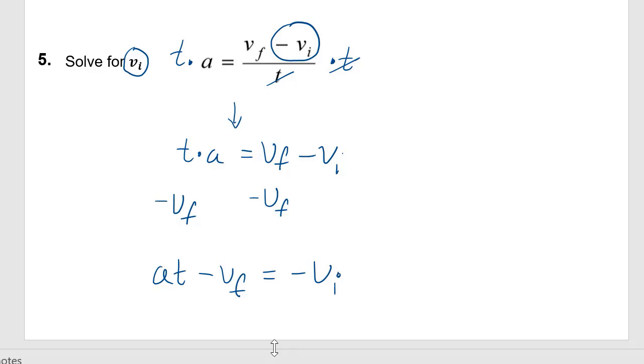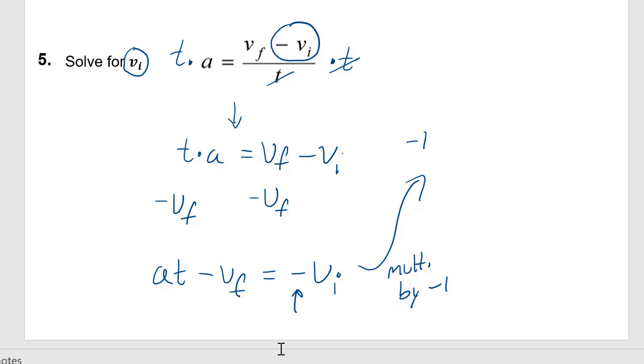So this is almost what we're looking for. We don't want VI to be negative here. The way we can fix that is to multiply both sides by -1. Or we could have moved the minus VI to the other side at the start. If we multiply both sides by -1, the signs are going to change.